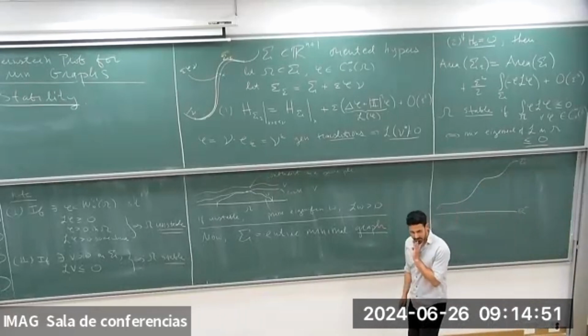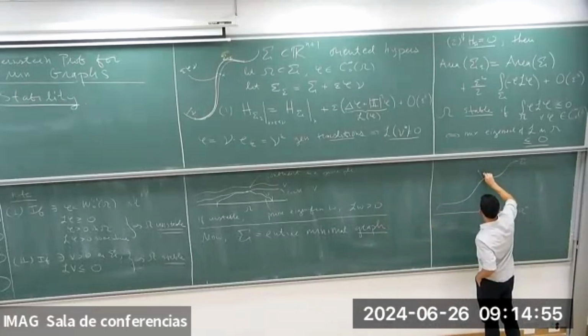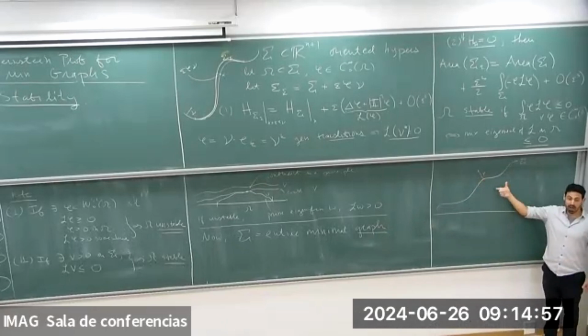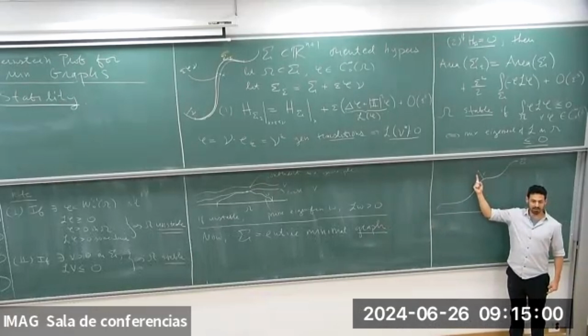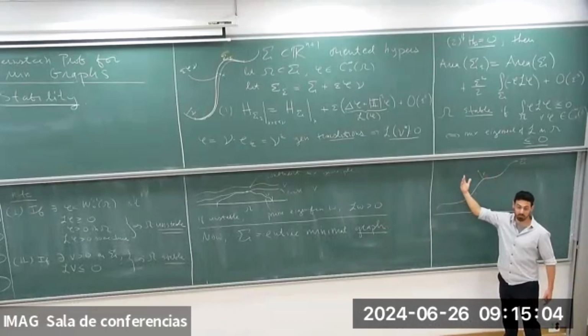Let me just remind you of something. So first of all, if you look at the unit normal, the fact that this is a graph means that the vertical component is positive. So that means that the unit normal is always pointing upwards.